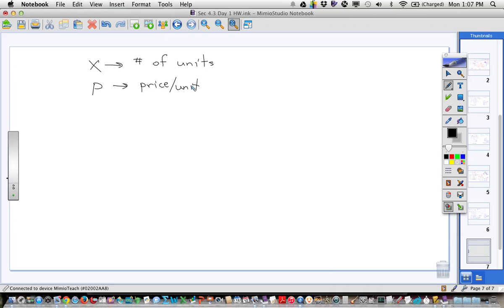Now, sometimes that's not a fixed price. Sometimes that's variable, depending on how many you produce. So sometimes p is actually a function, an equation that has X in it, because maybe the more you make, the price may go down. And that's that first graph, they call the demand function.